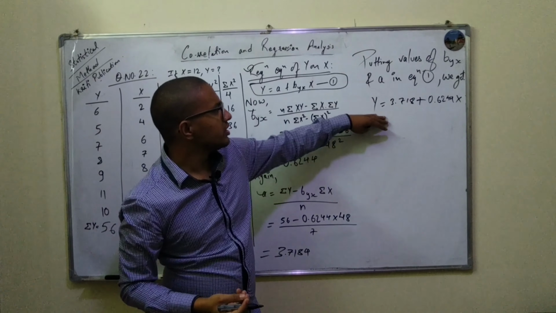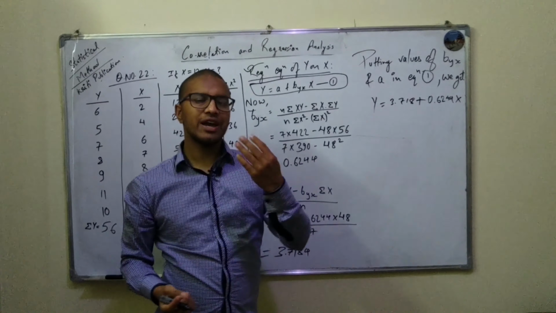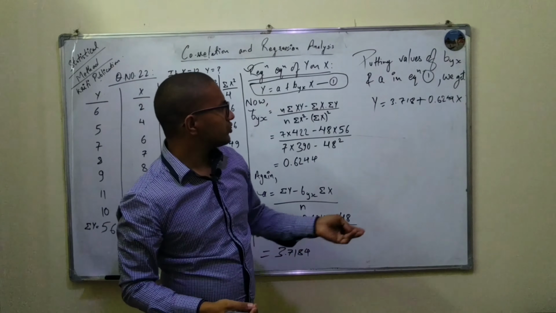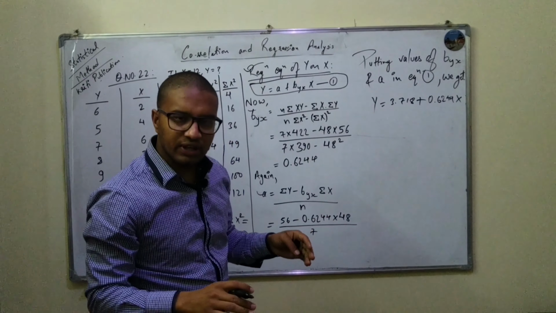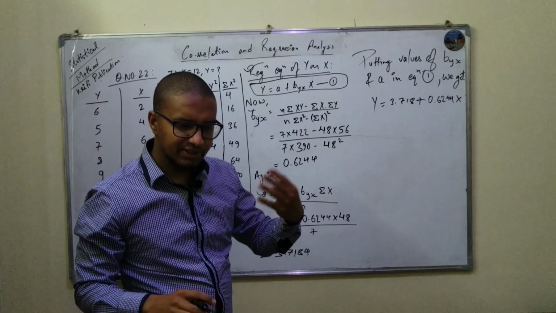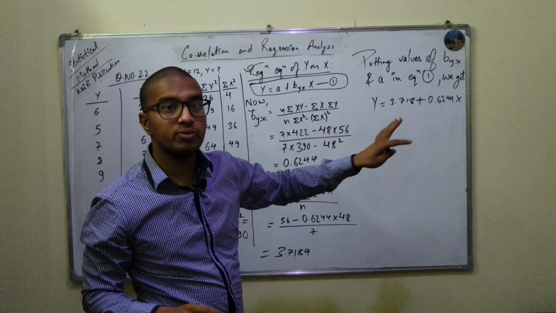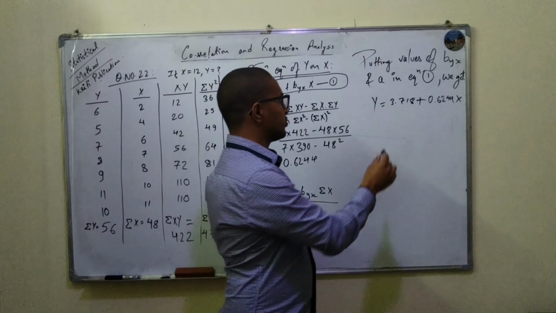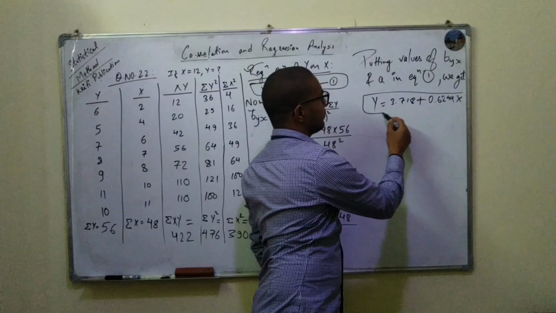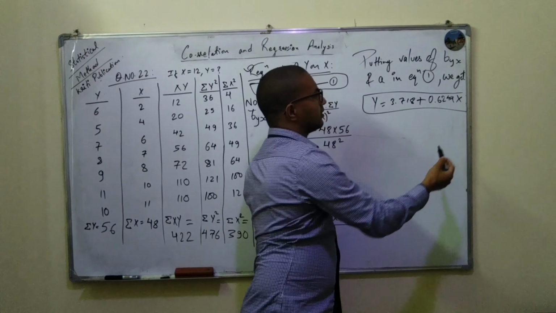This is our equation. Now you can predict. This equation will be constant throughout whatever x you change. The equation will remain pretty much the same for a period of time.